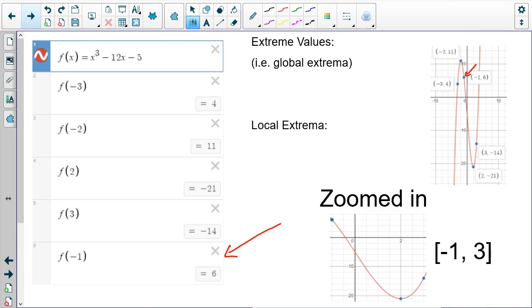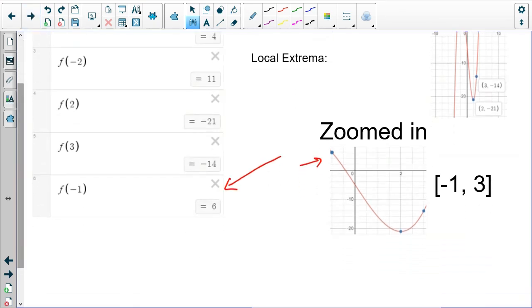And then when I zoom in here, this is what the graph looks like. My graph has this -1, 6 as the highest value that I actually get.